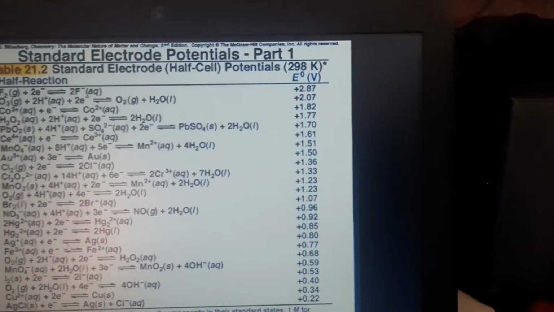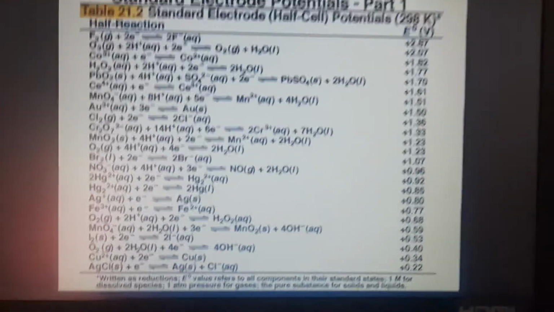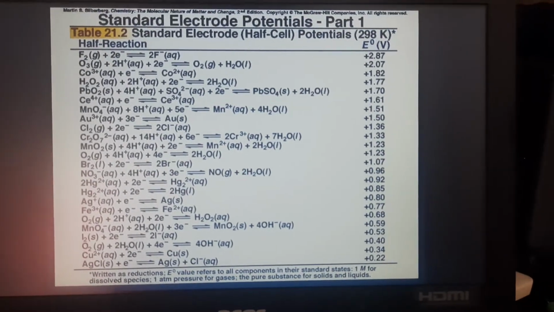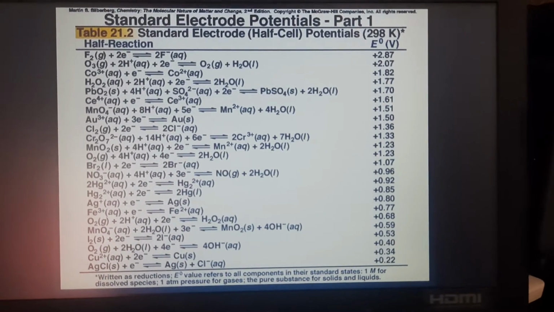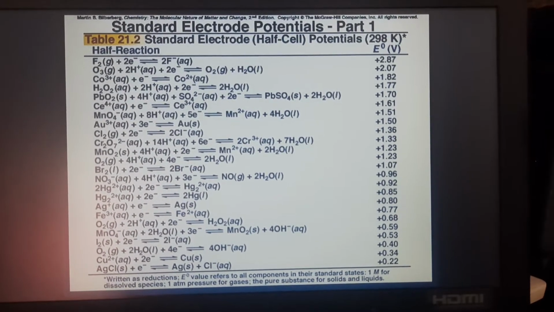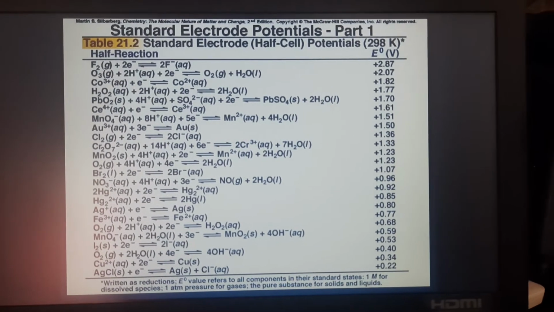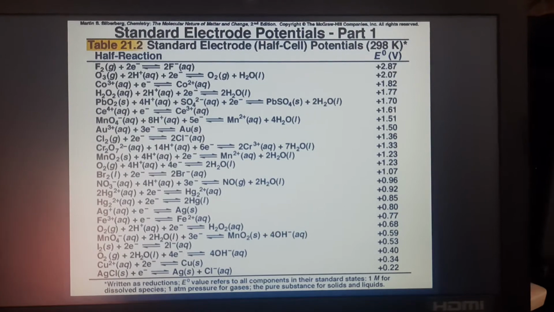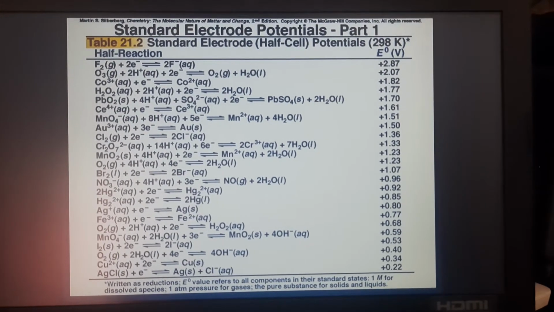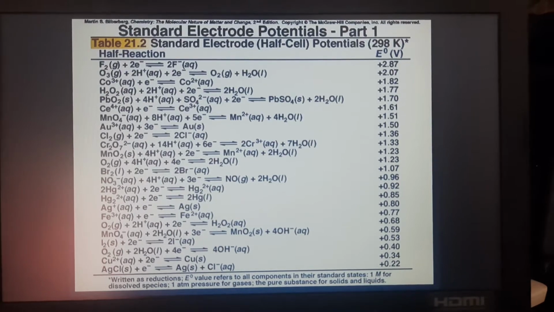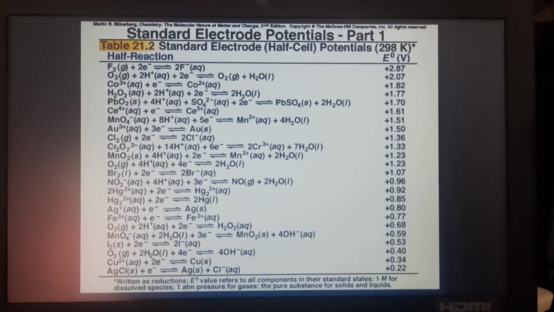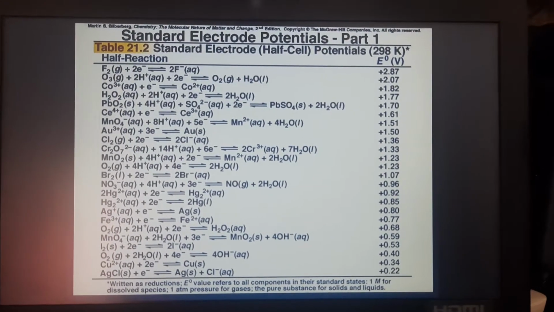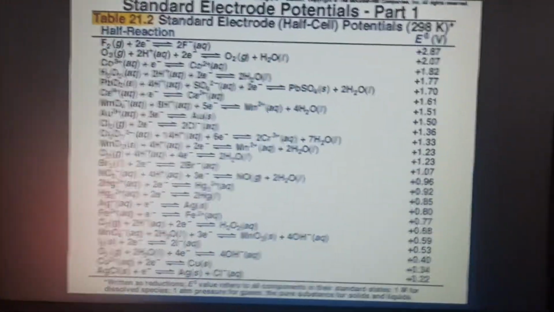On the next page you can see that standard electrode potentials of so many elements are given, and at the top you can see that the standard electrode potential is expressed as reduction potential. Fluorine has the highest reduction potential, and at the bottom, that is silver, the potential is expressed here as oxidation potential.